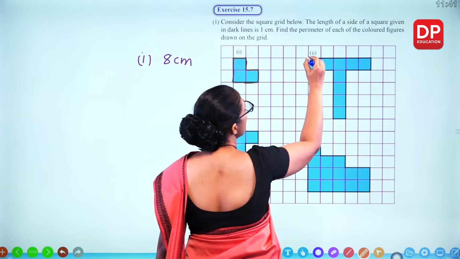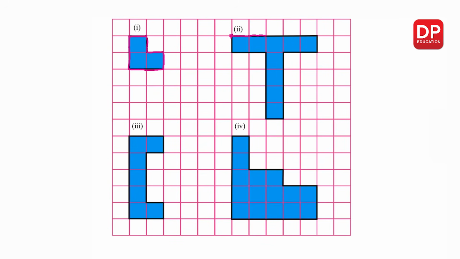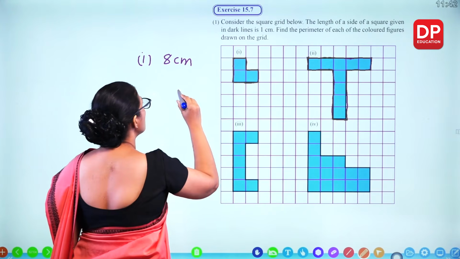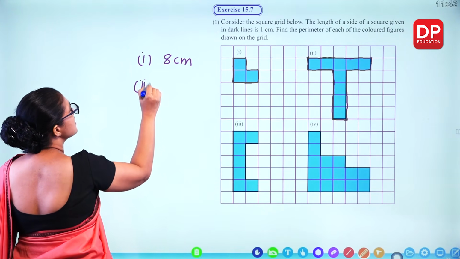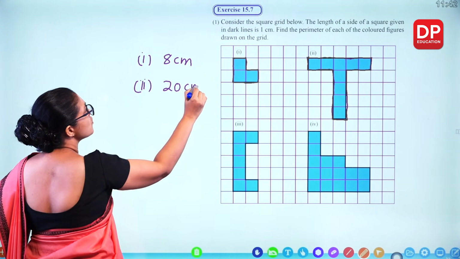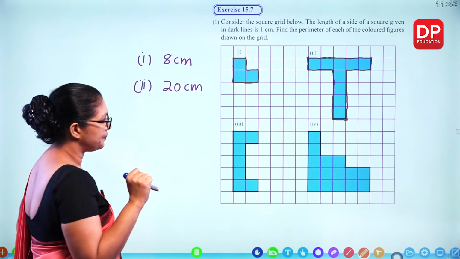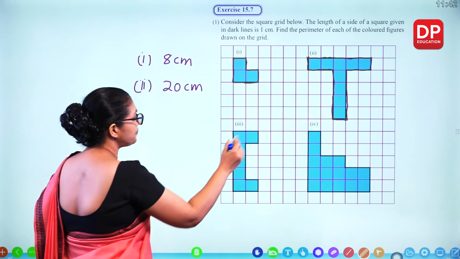Second one, we'll start from here. 1, 2, 3, up to 20. So 20 centimeters. Because 1 square means 1 centimeter. We'll start here.